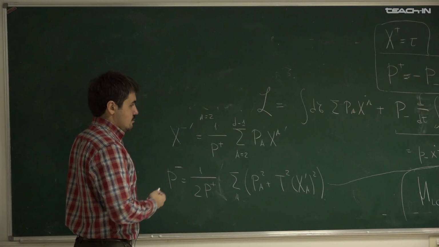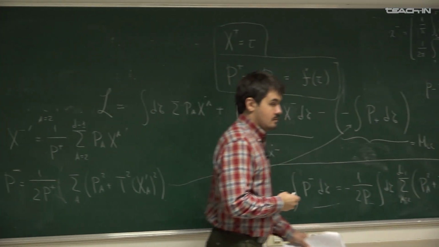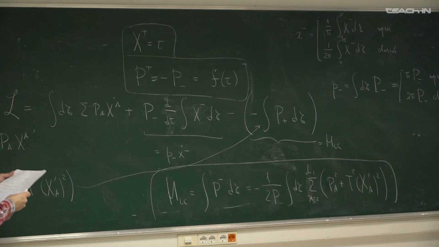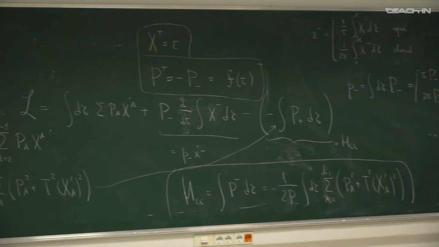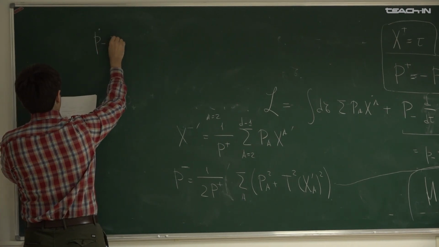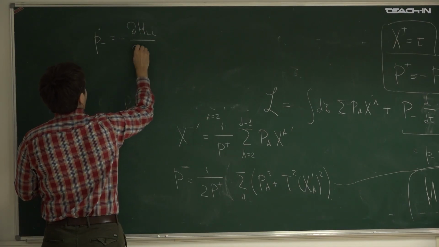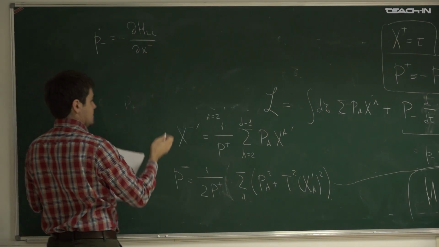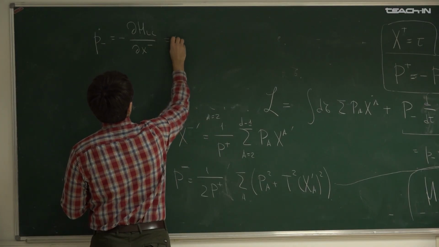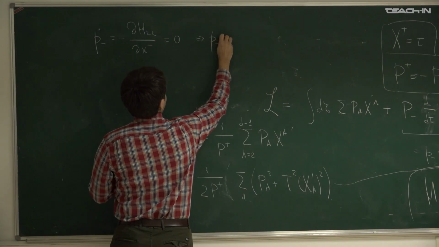The only nonlinearity sits in this P minus, right? But one easily sees that the equation of motion for P minus, so P minus dot is minus dH dx minus, but it doesn't depend on x minus, so this is 0. So P minus is just a constant.